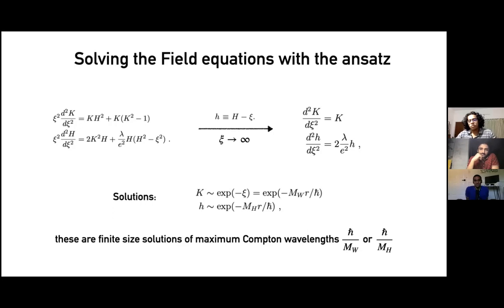I mean, the explicit solutions you can find numerically. I'm not sure you can even find them in closed form. But by doing the analysis at very large radius, you find this exponential behavior, which is important, right? Because this exponentially decaying behavior tells us that the solution describes an object of finite size.